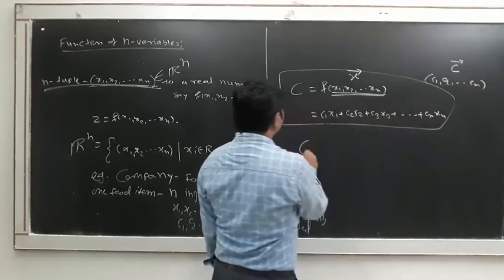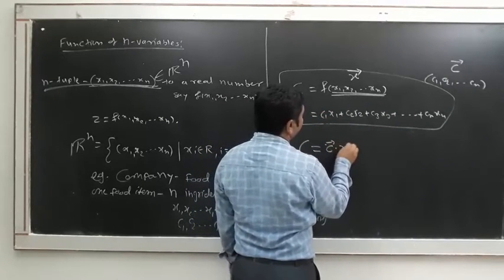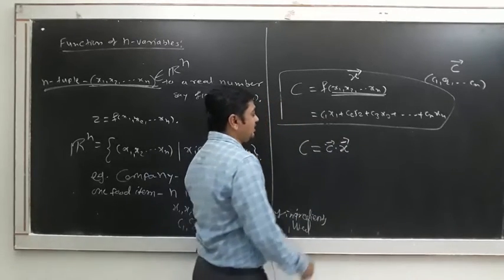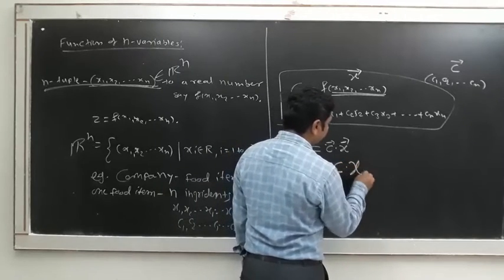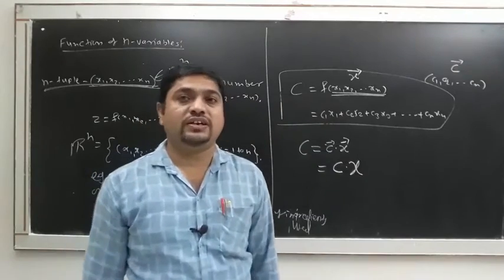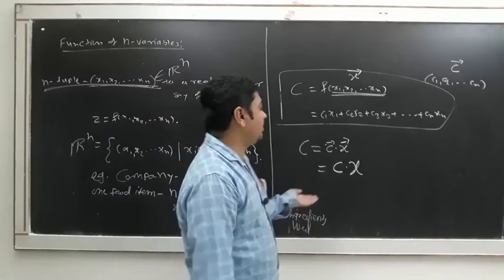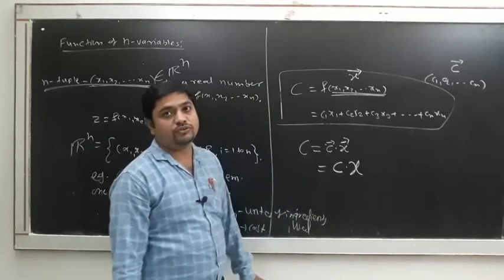Then this function can be written in the form of vector C into x bar. In our book they have given a dark C dot x. Dark means they are showing vectors, and these vectors are taken from the vector space. So in short we can write like this also.